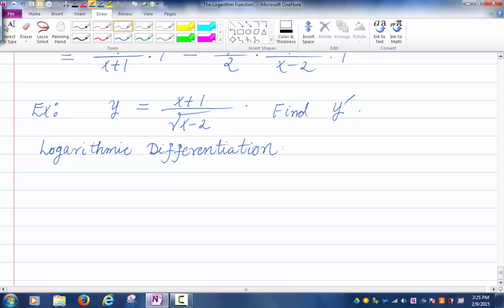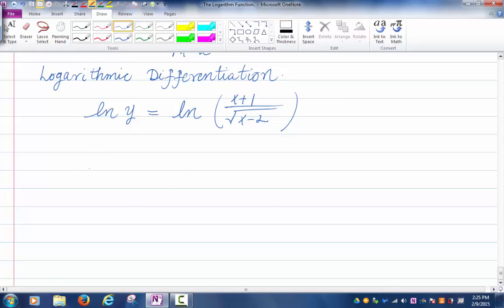Okay, so the idea is to take the log of both sides. So you have ln of y would be the same as ln of (x plus 1) over root of (x minus 2). And then you're going to apply the log rules to rewrite the right-hand side. We have already done it, right?